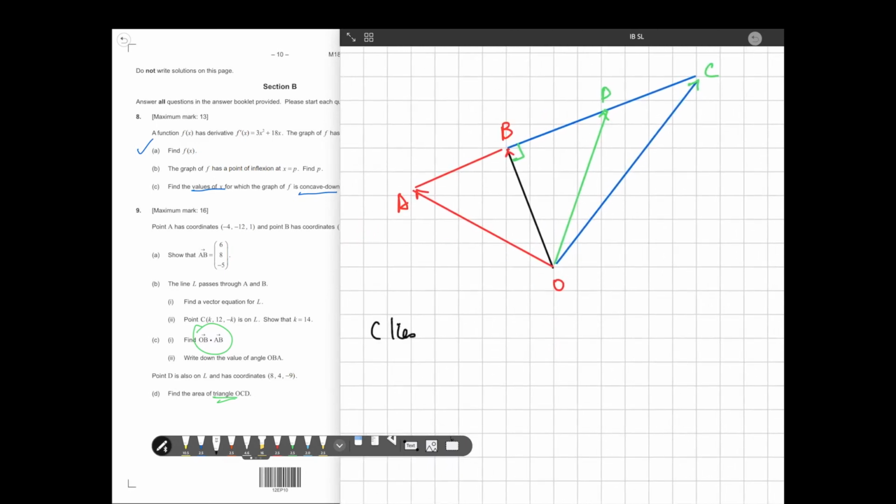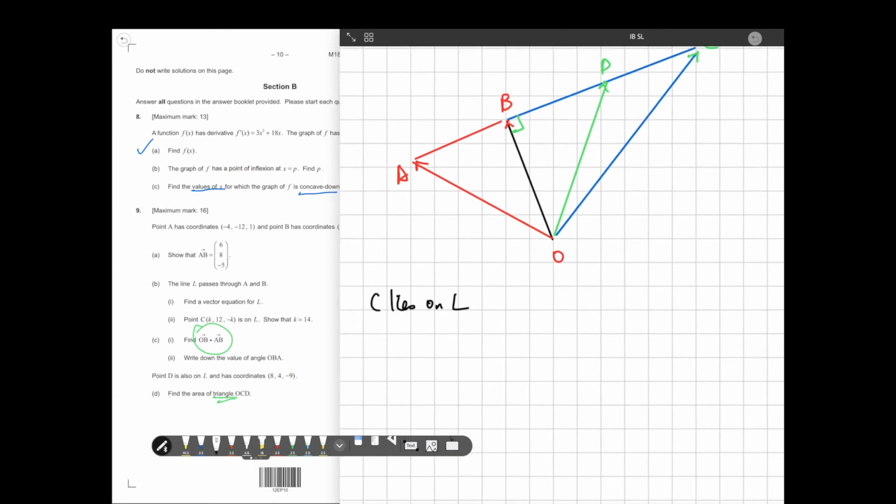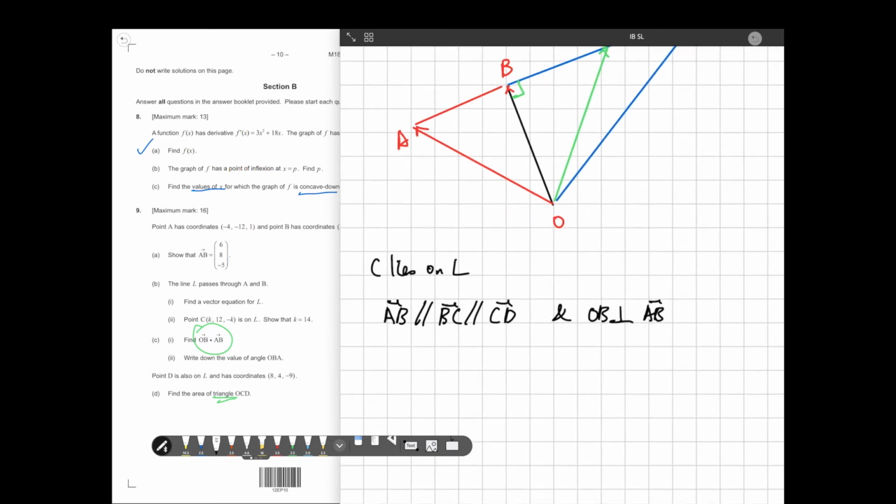C is on line L. So we have AB that is parallel to BC and also parallel to CD. And we know that OB is perpendicular to AB.